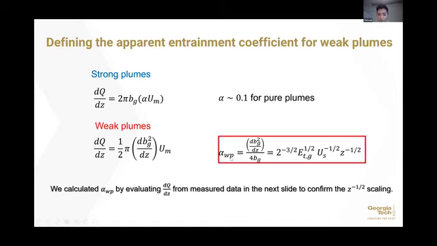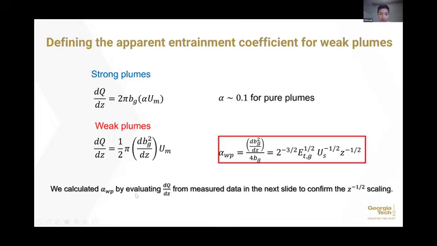WP means weak bubble plume. And from this, it tells you that the apparent entrainment coefficient should scale with z^-1/2.